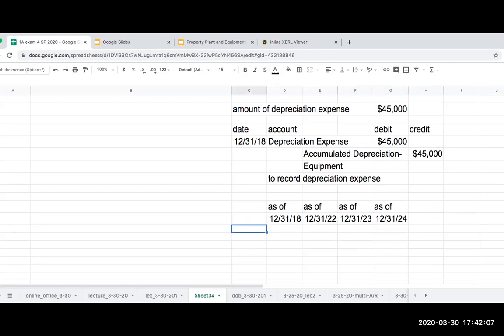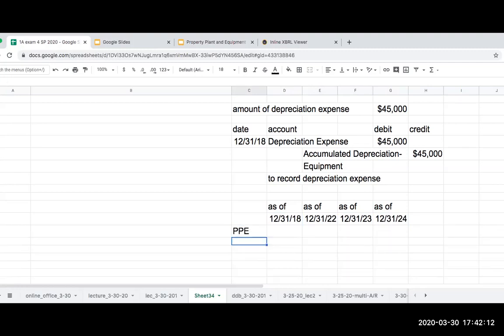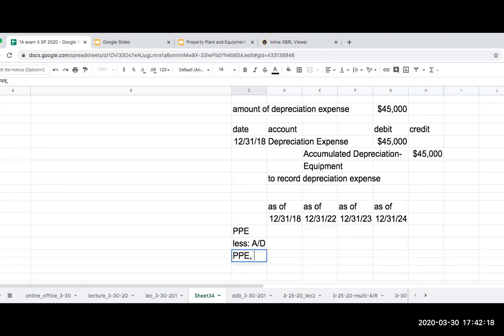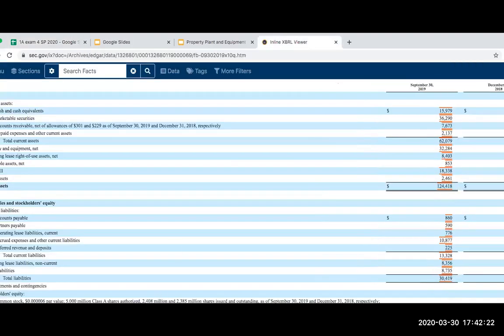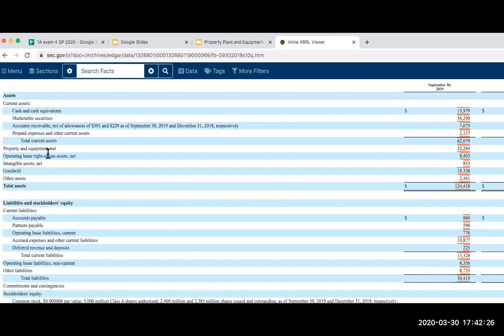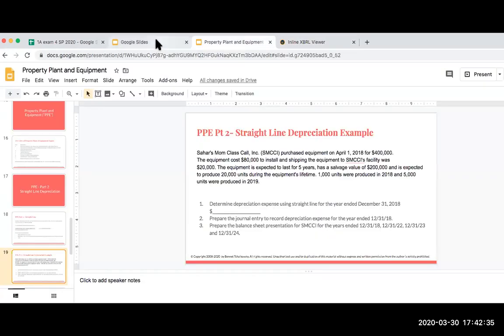My balance sheet presentation for property, plant, and equipment is generally going to be property, plant, and equipment less accumulated depreciation on that equipment, which gives me property, plant, and equipment, net. This is the same thing that Facebook is doing. It's property and equipment, or I call it property, plant, and equipment, same thing. Net, what is that amount net of the accumulated depreciation?